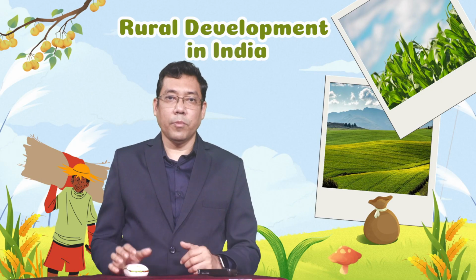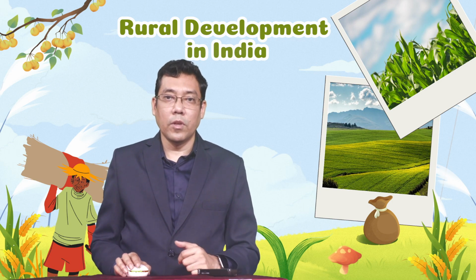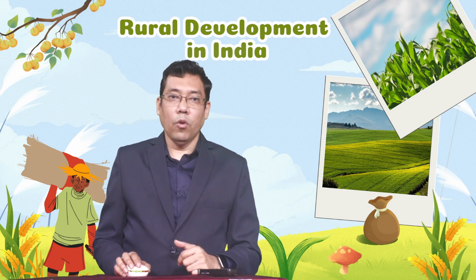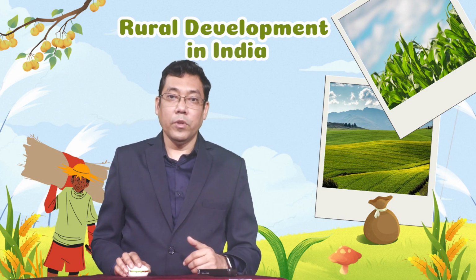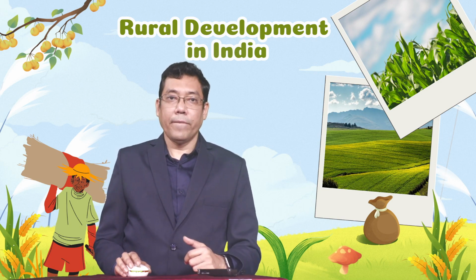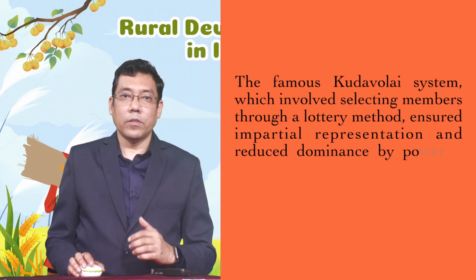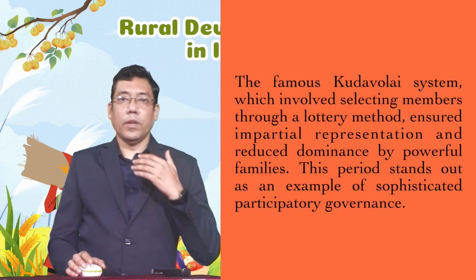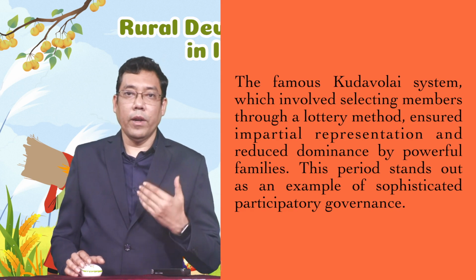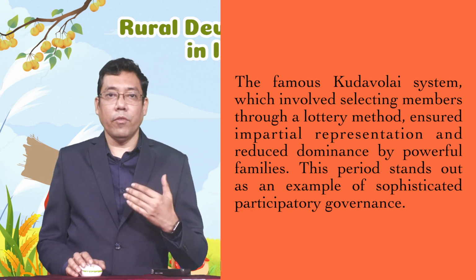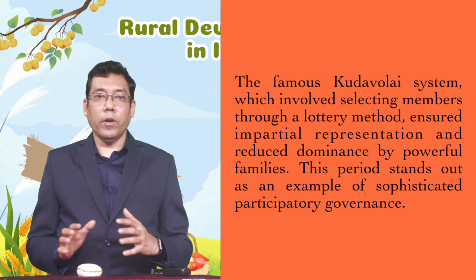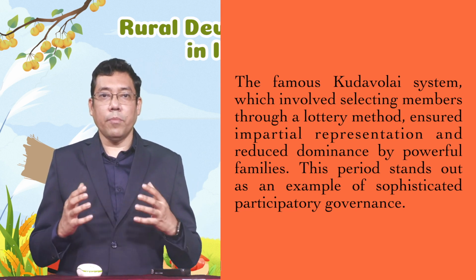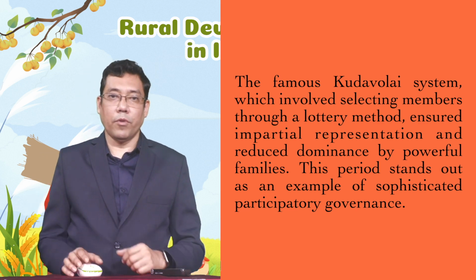These bodies were responsible for maintaining irrigation systems, managing village lands, overseeing schools and temples, organizing public works, and administering finances. The famous Kudavolai system, which involved selecting members through a lottery method, ensured impartial representation and reduced dominance by powerful families. This period stands out as an example of sophisticated participatory governance.